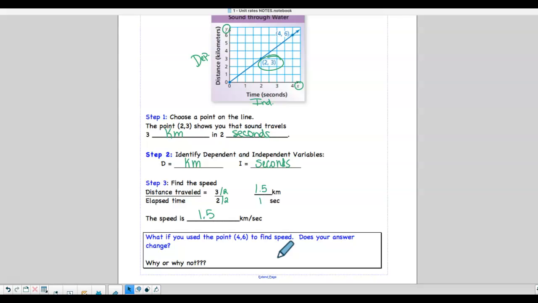So if we did kilometers per second, we'd have 6 over 4, right? And simplify that. Find the unit rate, divide by 4. What's 6 divided by 4, Abby? 1.5. It's still 1.5 kilometers per second. How do you think we might know by looking at the graph that no matter what point I pick on the graph, the speed's going to be the same?